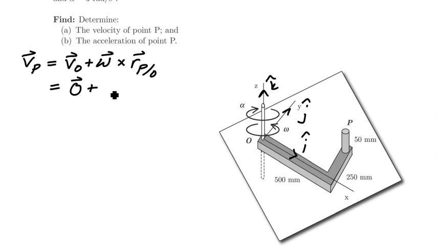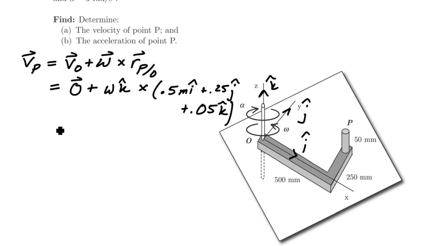I'll add to that omega, a scalar quantity in the k direction, crossed with the position vector that describes the position of P with respect to O. That's 0.5 meters in the i, plus 0.25 meters in the j, plus 0.05 meters in the k.